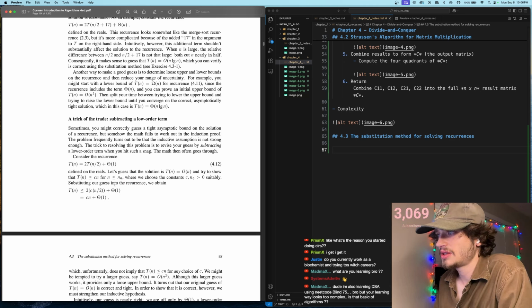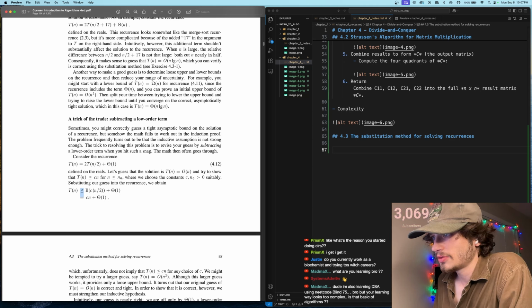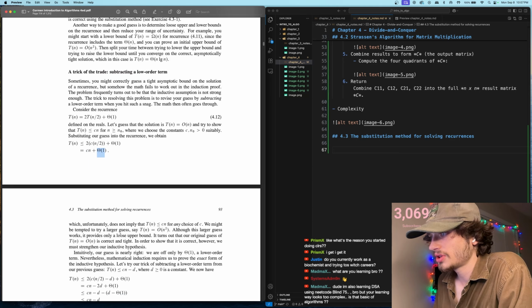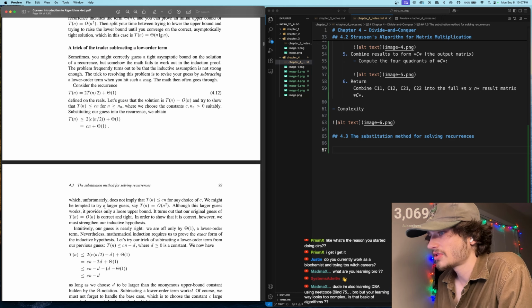Substituting our guess into the recurrence, we have this inequality: T of n is less than or equal to 2 times C times n over 2 plus theta of 1, which equals C times n plus theta of 1, which unfortunately does not imply that T of n is less than or equal to C times n for any choice of C. We might be tempted to try a larger guess, say T of n equals big O of n squared. Although this larger guess works, it proves only a loose upper bound.